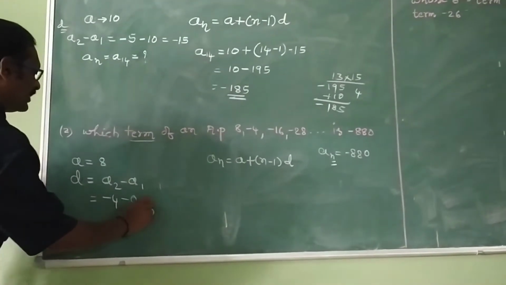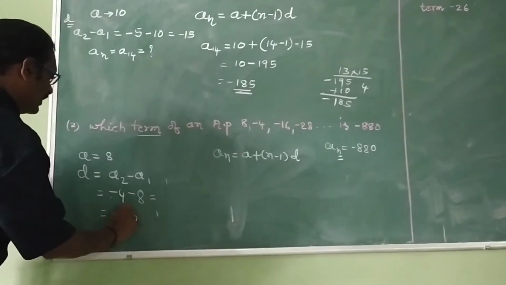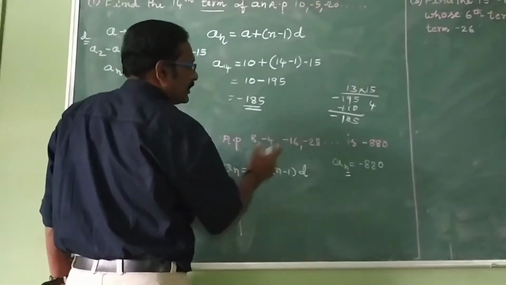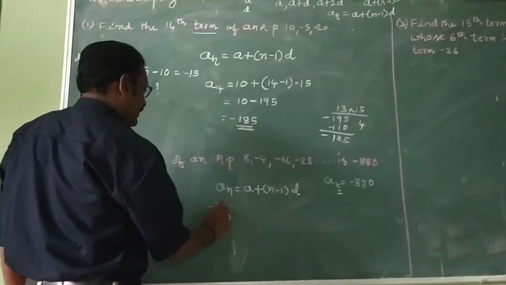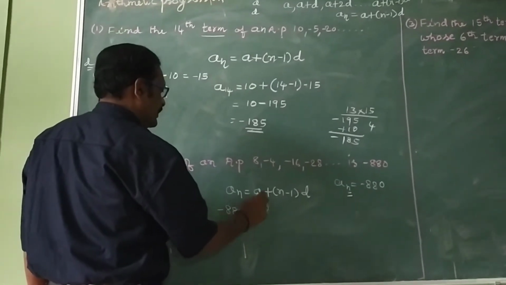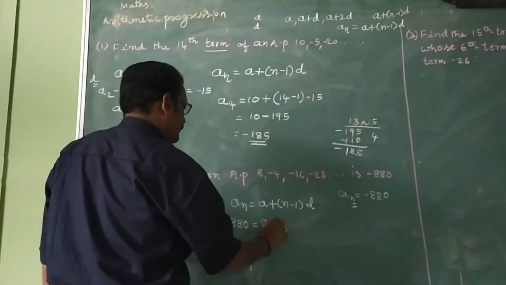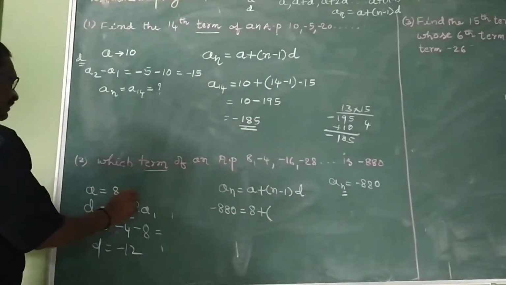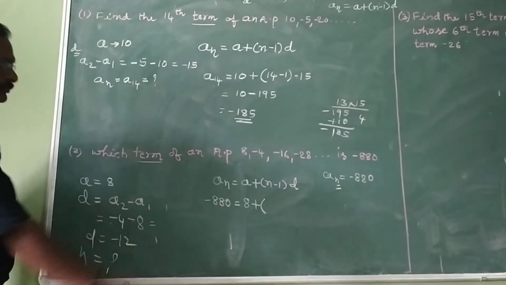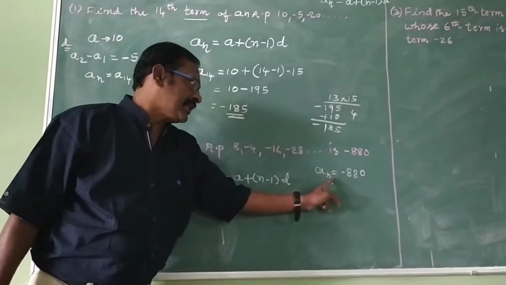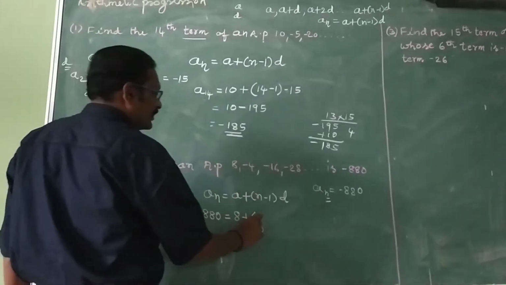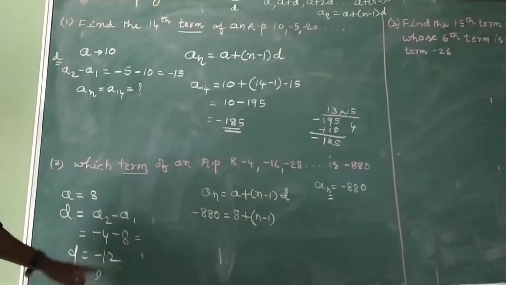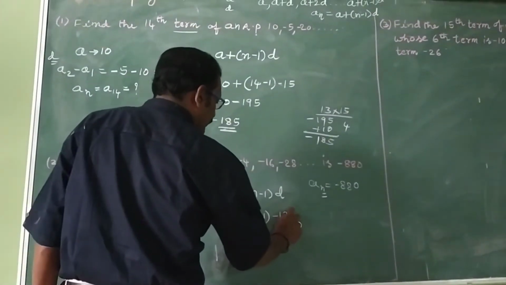Minus 12 is the common difference. an is given, minus 880. a is given, 8, plus n minus 1. Which term? You have to find n. We don't know that, put as it is. Minus 12 is the common difference.